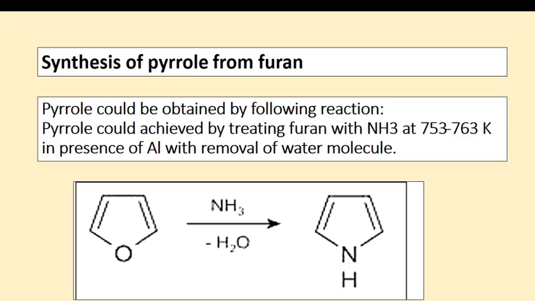Then synthesis of pyrrole from furan. Pyrrole could be obtained by the following reaction. Pyrrole can be achieved by treating furan with NH3. So this is a reaction of furan with NH3 at 753 to 763 Kelvin in presence of aluminium oxide, with removal of one water molecule, and forms pyrrole.